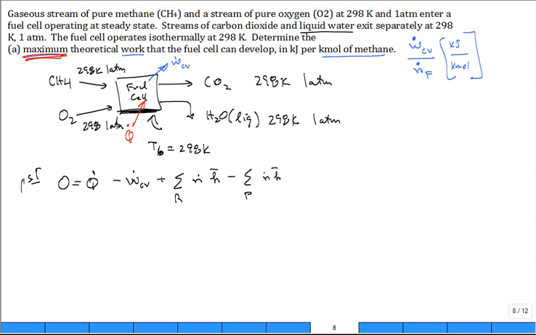I like to go with ins and outs. Q dots in, W dots out. Sum of the reactants in, products out. So there's a minus sign in front of there. What we can do is write it this way.